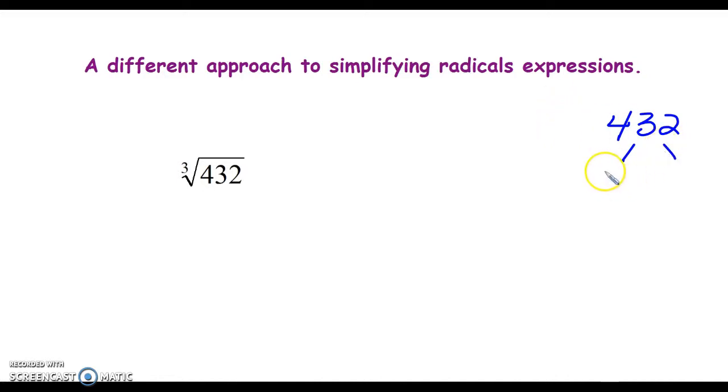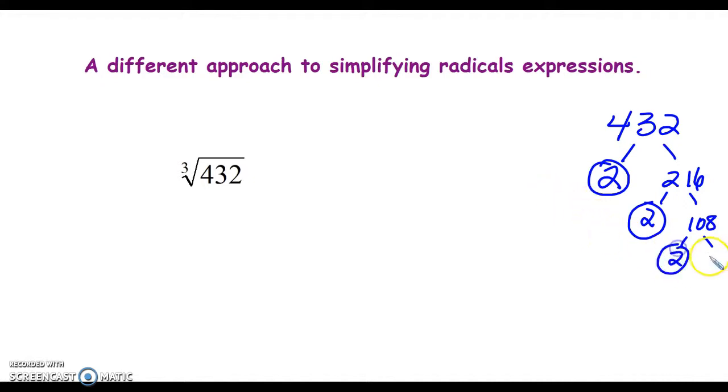So if you take 432 and divide by 2, you get 216. 216 is even, so divide that by 2, and you get 108. 108 is even, divide that by 2, and you get 54. 2 times 54. 54 is even, so divide that by 2.